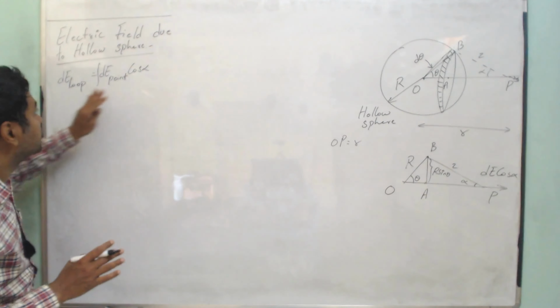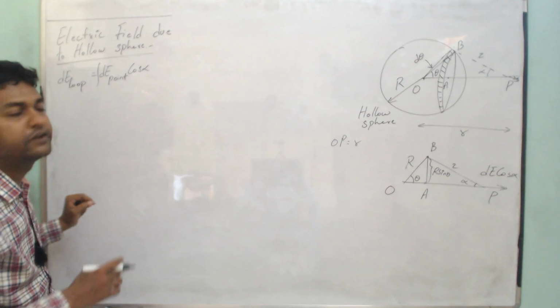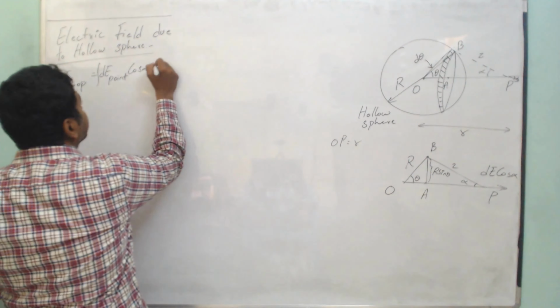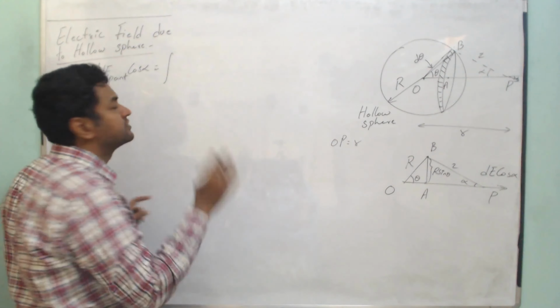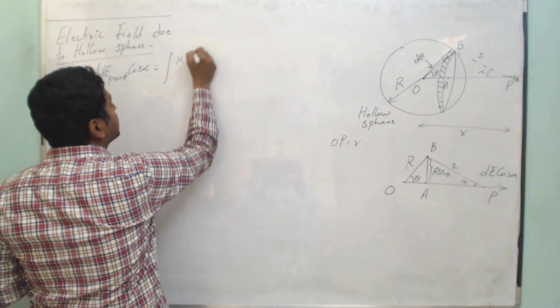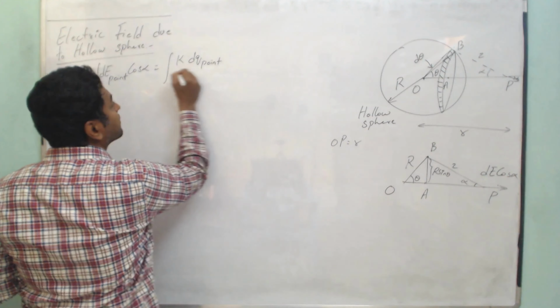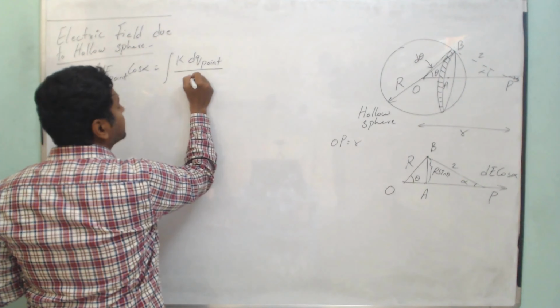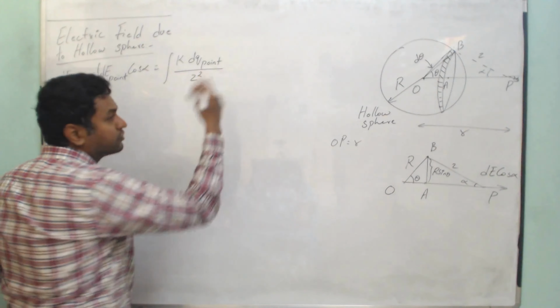Now this dE due to each point, if I write, is exactly the same thing that we have done in our loop derivation also. So I'll have k, the dq due to a point element, divided by the distance, which is the same for every point on the loop.